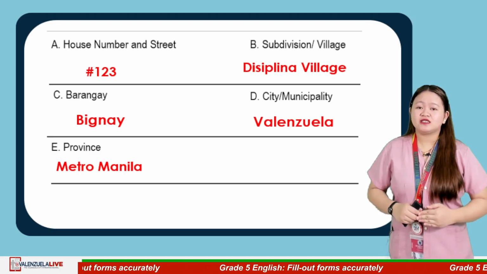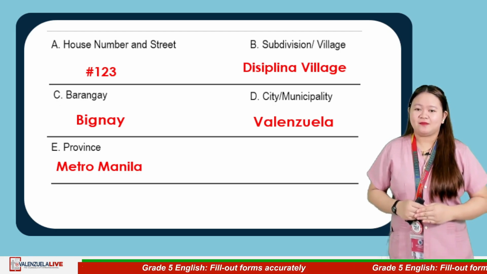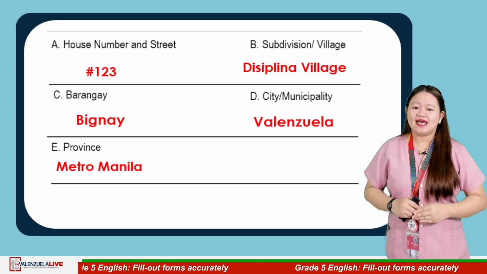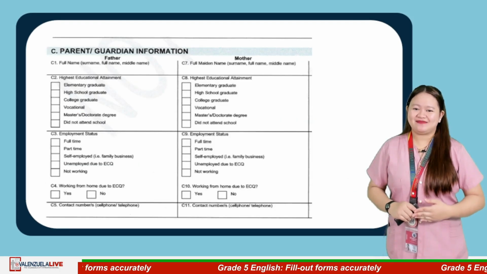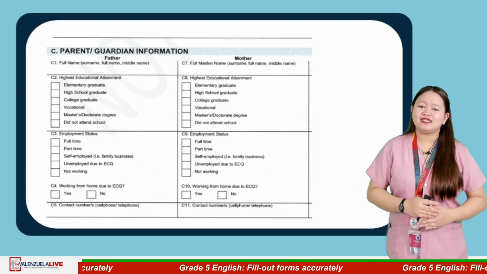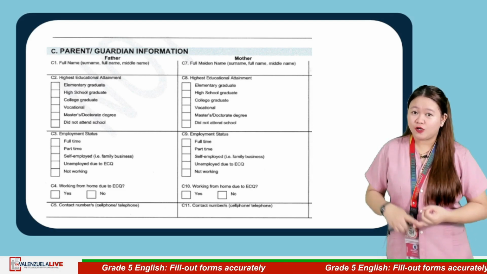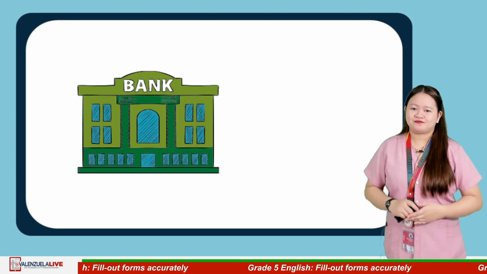Disciplina Village on subdivision or village. Bignay on barangay. Valenzuela on city. And Metro Manila on province. Now we completed your address. We still have more details to answer like parents' name, occupation or your parents' job, educational attainment, and so on.